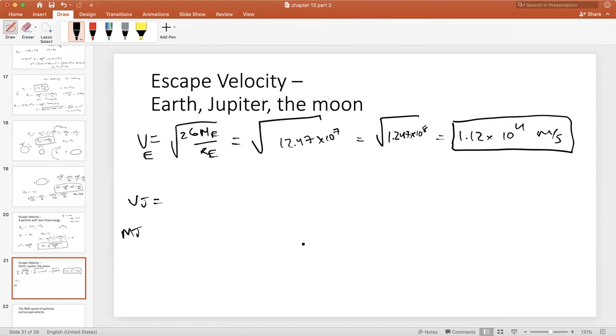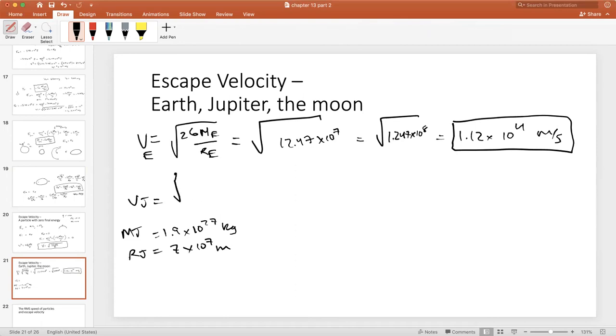Oh, 1.9 times 10 to the 27 kilograms. And the radius of Jupiter is kind of hard to say. Jupiter is actually a gas giant, so where the surface is and where the atmosphere ends is unclear, but we generally take it to be 7 times 10 to the 7th meters.